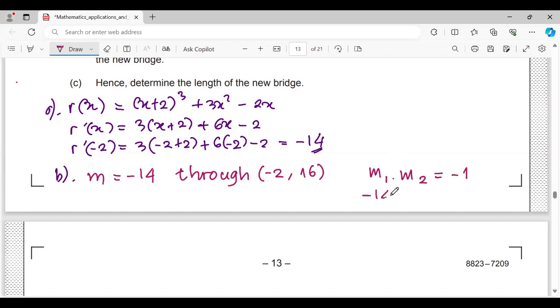So -14 times m2, where m2 is the gradient of the straight line, equals -1. So m2 equals 1 over 14.